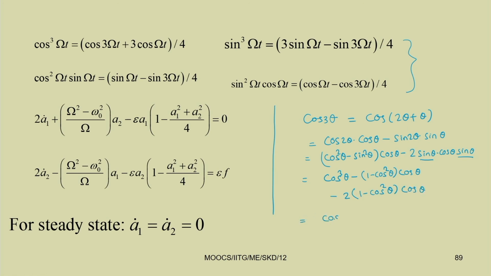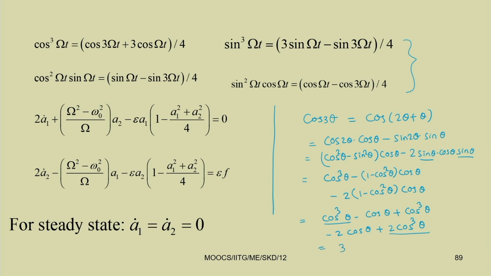So, this is cos cube theta minus cos theta, again minus minus plus, so this becomes another cos cube theta. Then minus 2 cos theta, minus minus plus, 2 cos square theta into cos theta, this becomes cos cube theta. So, from this 2 cos cube theta, here another cos cube theta, so this becomes 3 cos cube theta.